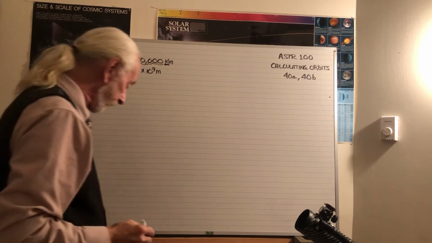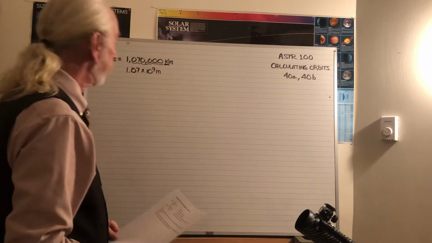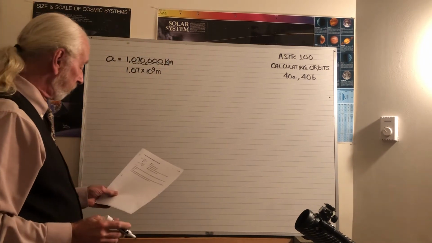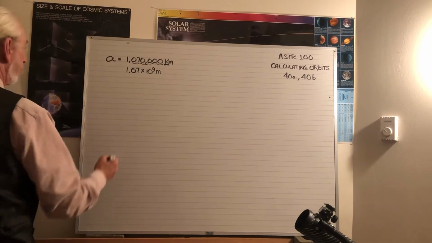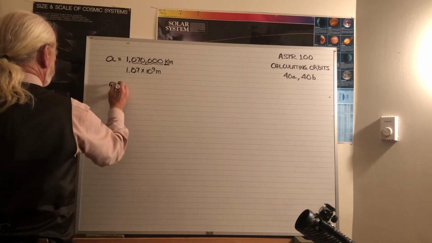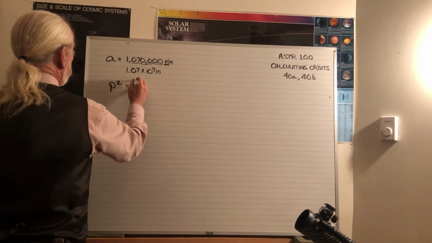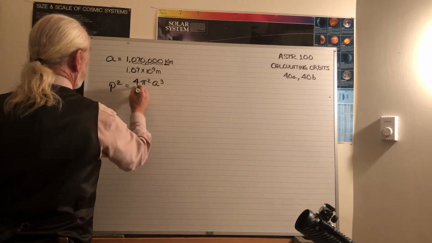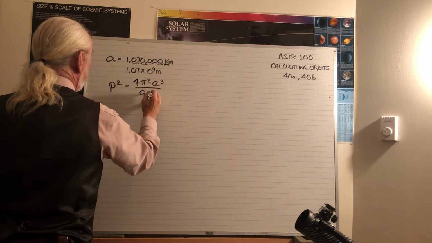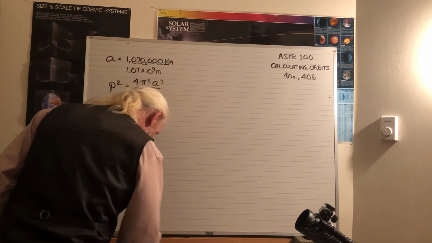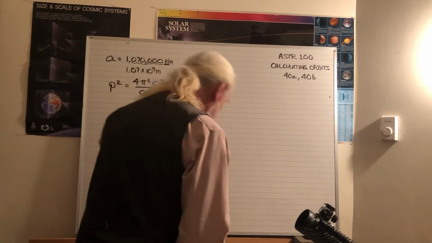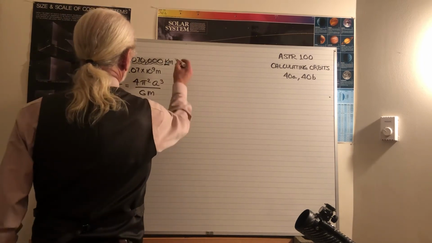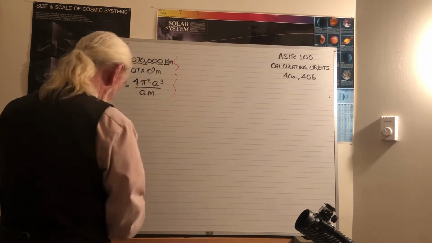Okay. So now I'm going to use Newton's version of Kepler's third law, where the square of the period is 4 pi squared a cubed over GM. So we'll plug in our values.